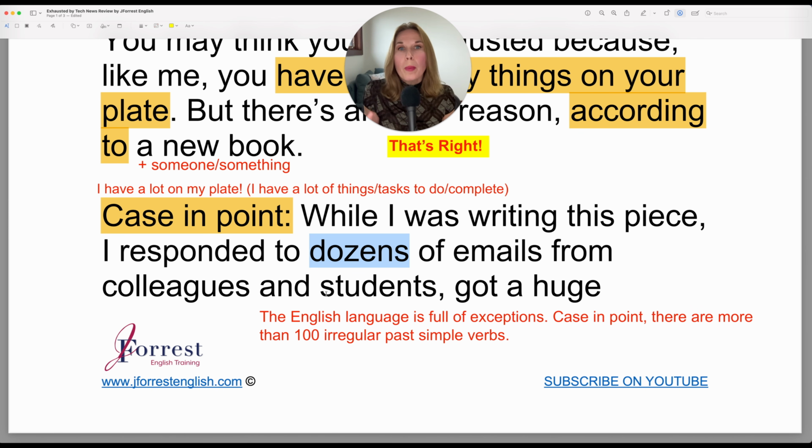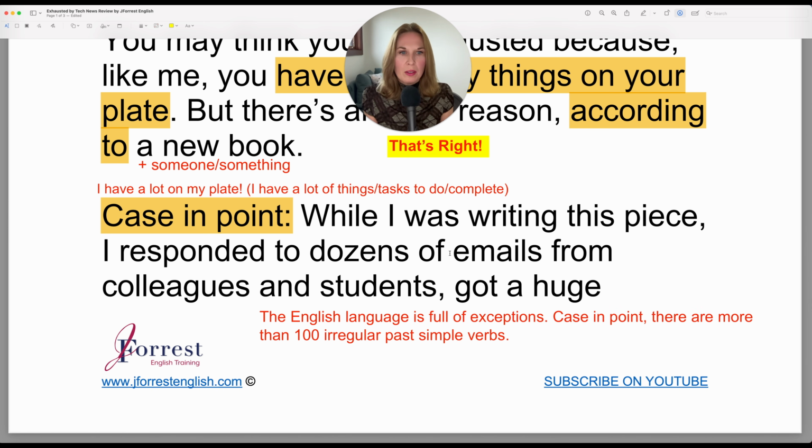We don't know, but it has to be at least 24 because dozens is plural. So dozens, dozen, a dozen, 1 dozen is 12. I responded to dozens of emails, but native speakers don't use this to precisely say 24 or 36. It's simply a replacement to many emails, but it should be at least more than 12 to use this.